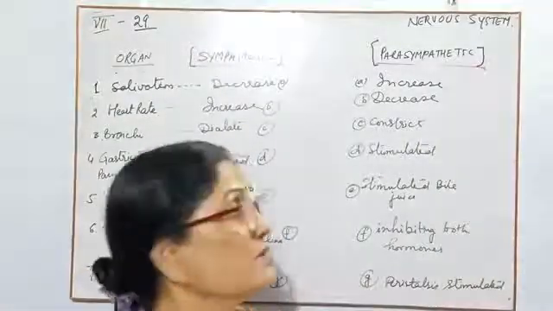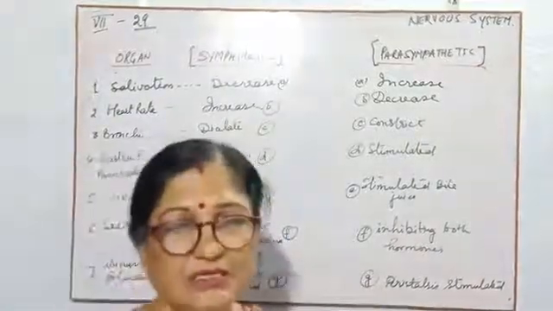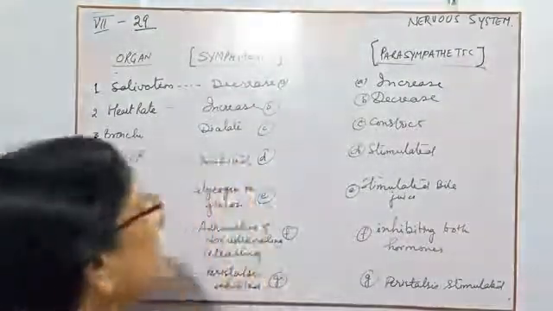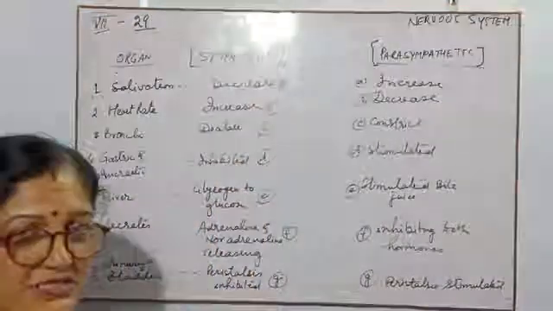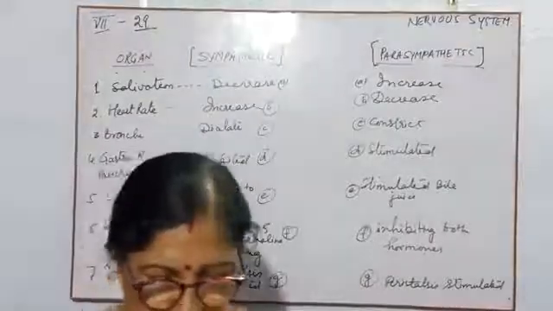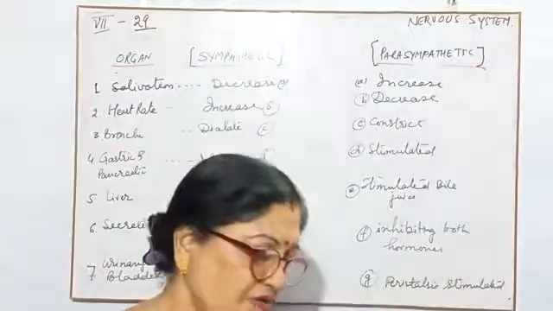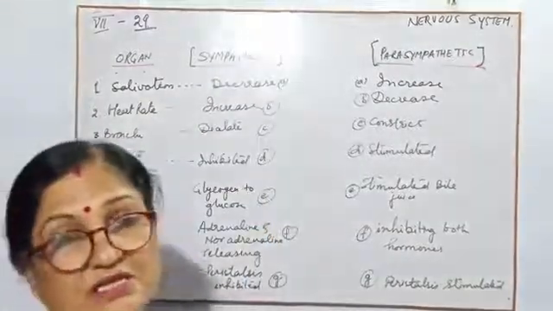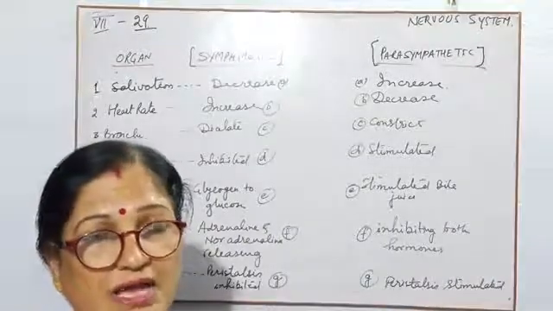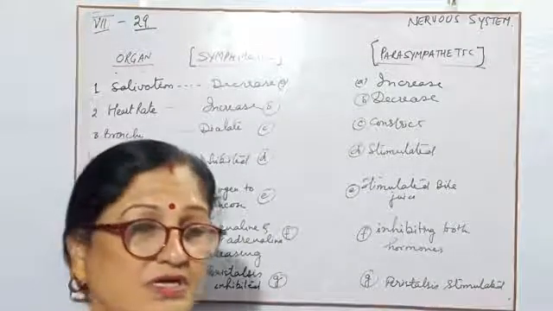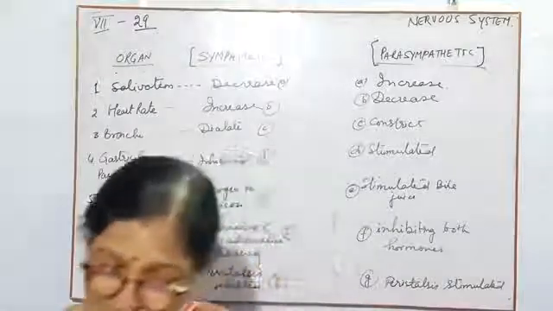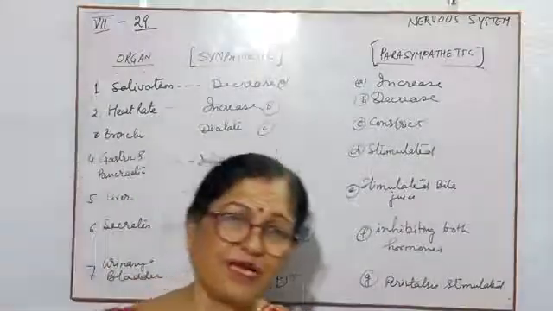In bio, today I will complete the chapter on the nervous system by completing the autonomic nervous system. So children, the word meaning of autonomic nervous system is any system that is conducted by itself.